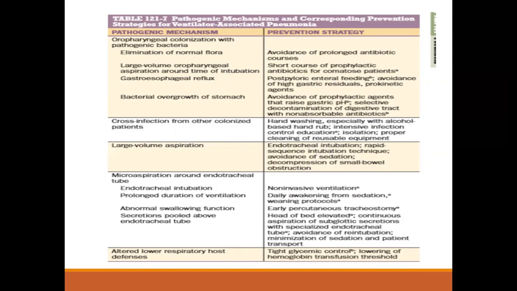So this is to prevent large volume aspiration. In cases of altered lower respiratory host defenses, there should be tight glycemic control and you should lower the hemoglobin transfusion threshold.